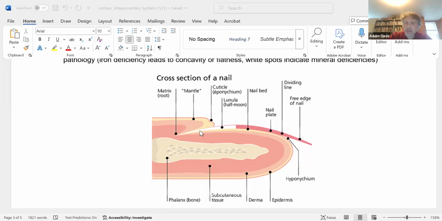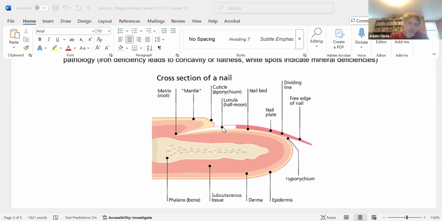The part of the nail that is underneath the mantle is the matrix of the nail, or the root of the nail. That is the part of the nail that is live and growing. Much like your hairs, the nail is alive at the base, with continual division of cells there. As new keratinized cells are pushed forward, they gradually die as they lose contact with the living tissue at the roots.